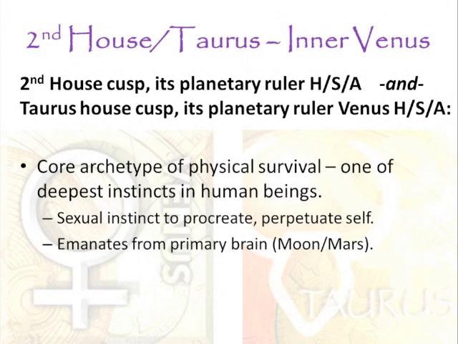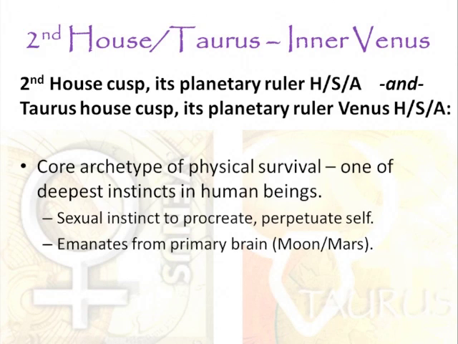I may not be pronouncing that right, but that is the primary brain. It is also the inoperable part of the brain. And this was the first brain, that's why it's the primary brain, that we evolved into as a species first.